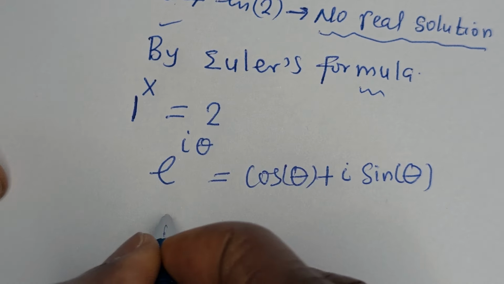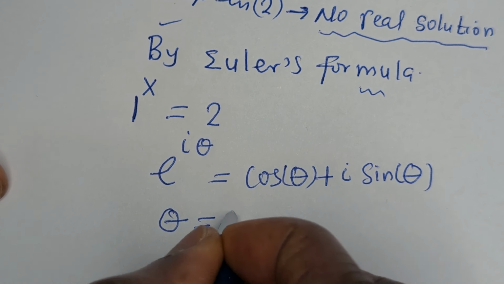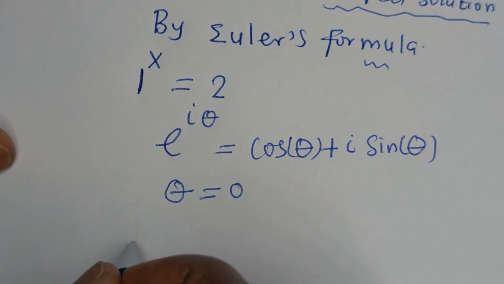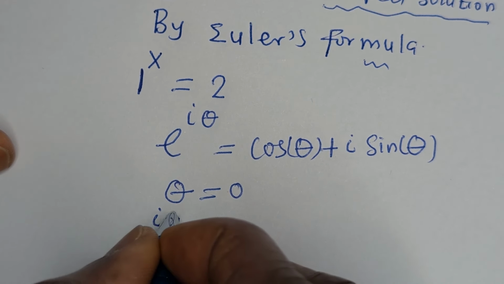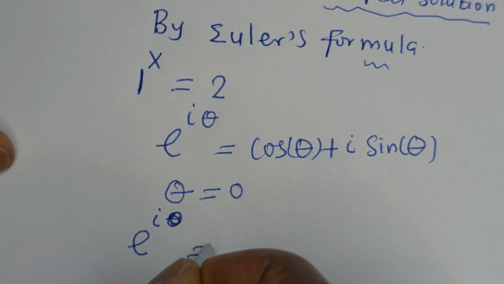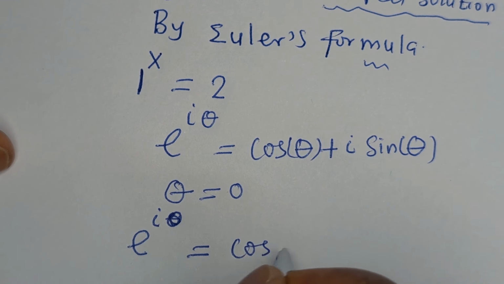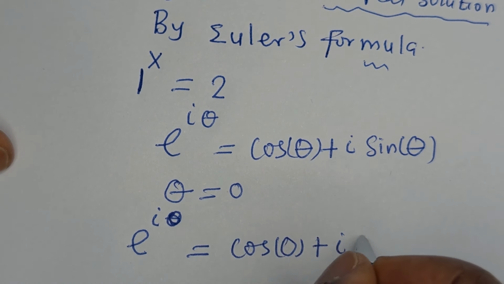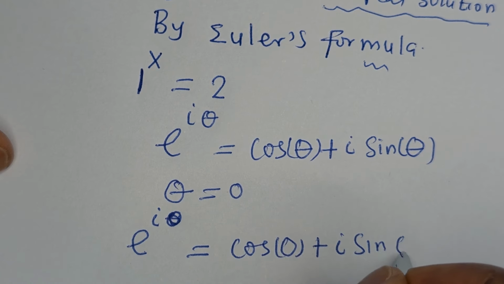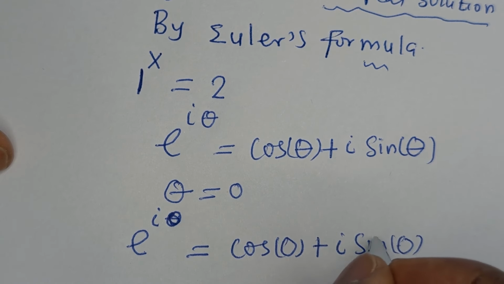Now, when theta is equal to 0, then here we have e to the power i0 is equal to cos 0 plus i sin 0.